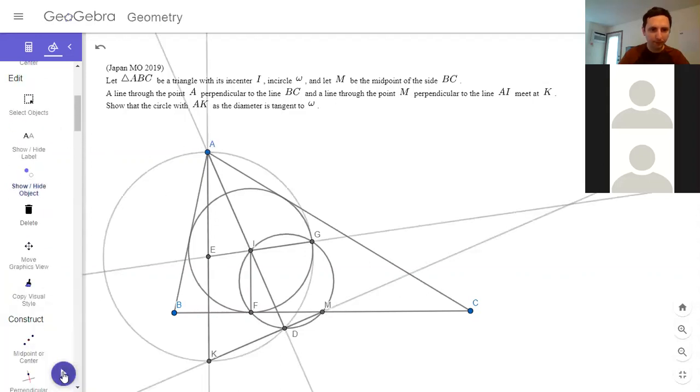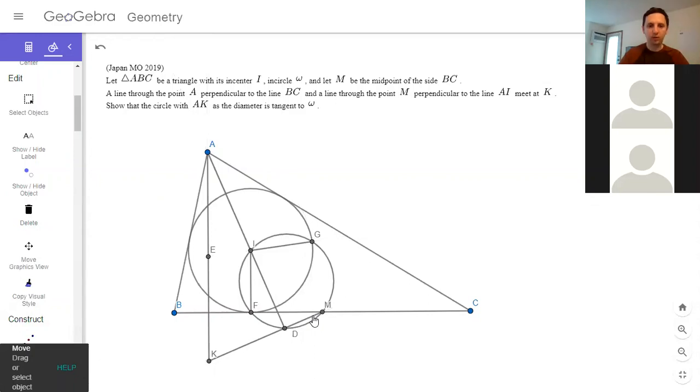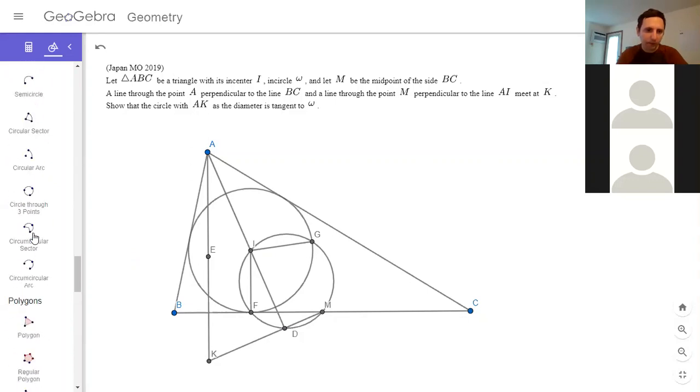There we go. So can we show, we want to show KF and G are collinear. We want to show EI and G are collinear.